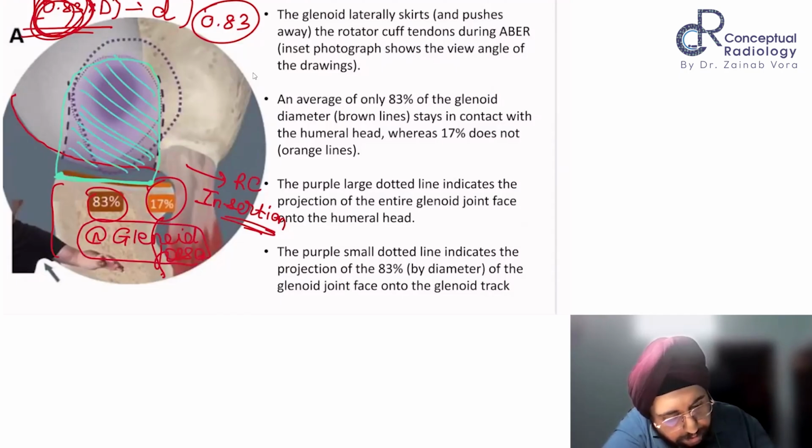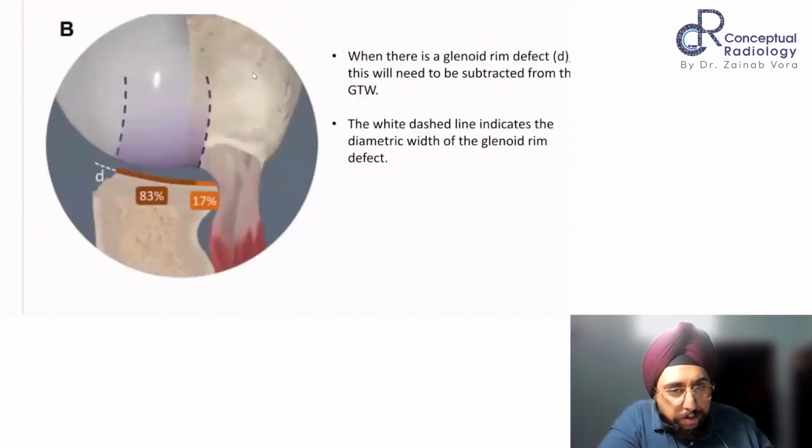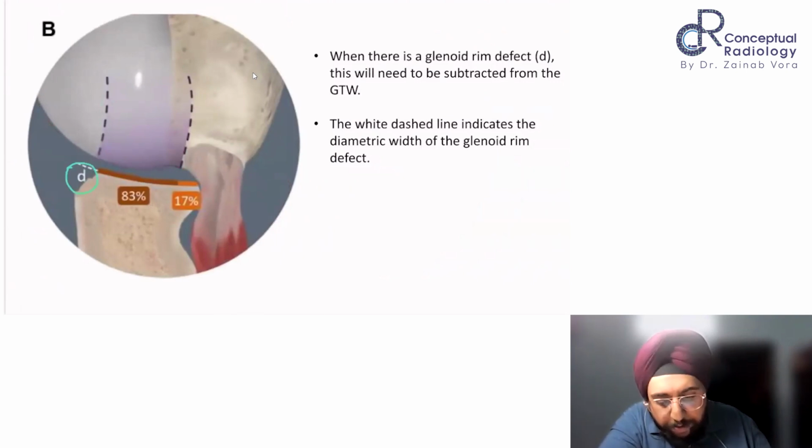But whenever there is a glenoid rim defect, which is a bony Bankart lesion, you have to subtract it from this 83%, because this part will now not come in contact. This is how the formula of glenoid tract width is devised.